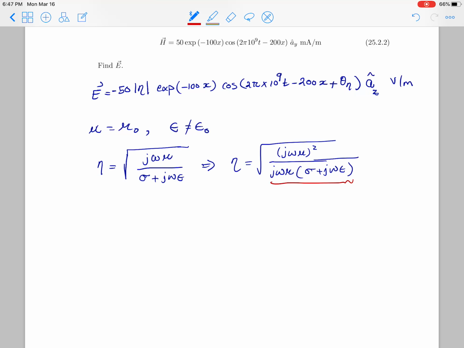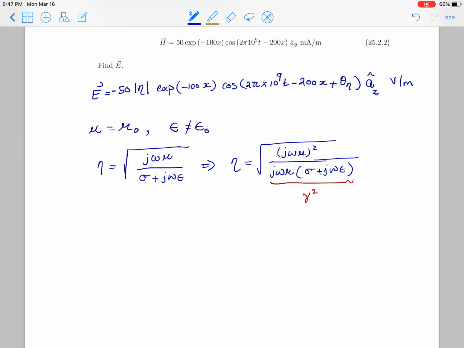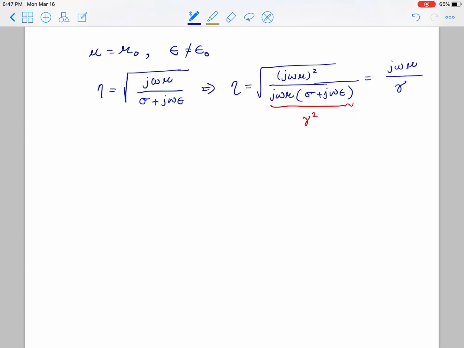So from the previous class, this is exactly gamma squared. Therefore, eta can be expressed as j omega mu divided by gamma.